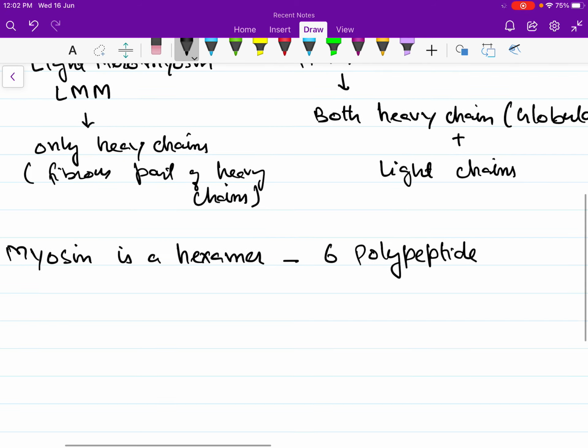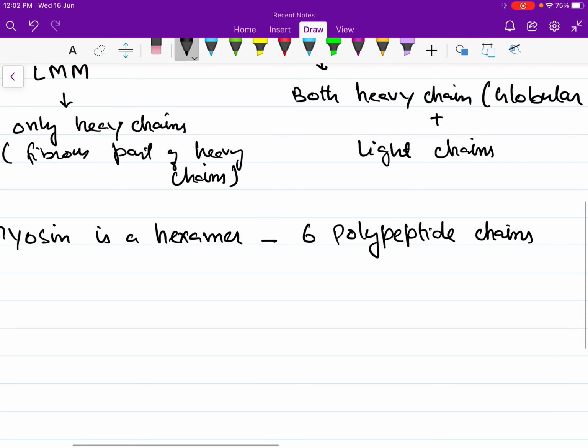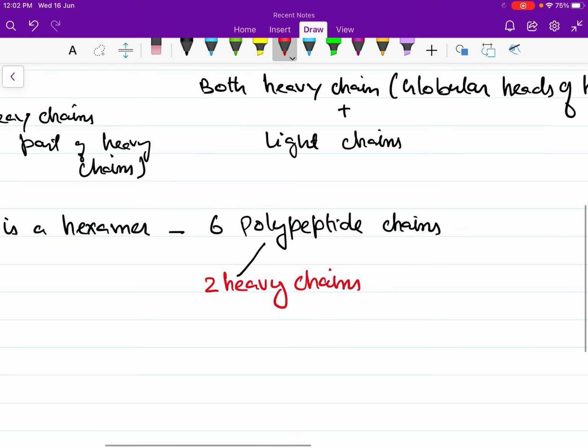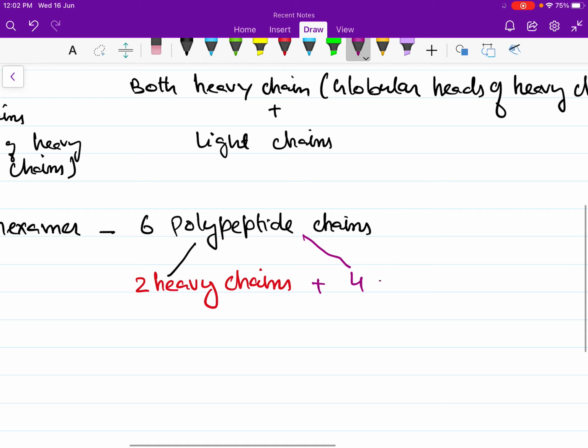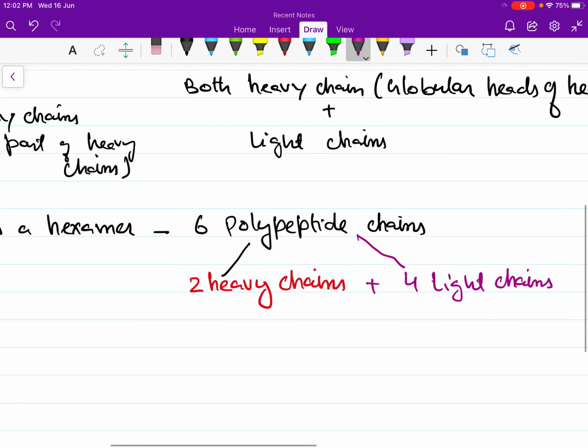These include 2 heavy chains, heavy chains being those chains which have more amino acids, plus there are present 4 light chains. Light chains are those which have comparatively fewer amino acid residues.